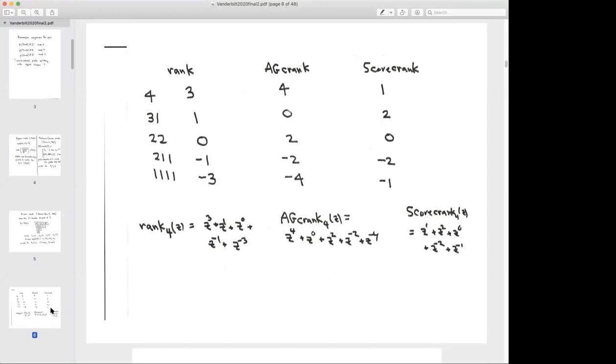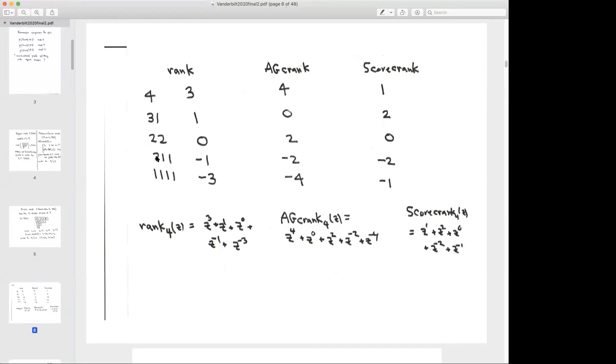Here's a little table. Here I've listed the partitions of 4. There's 5 of them. So for example, this 2, 1, 1. Rank is largest part minus number of parts. Rank would be equal to 1.